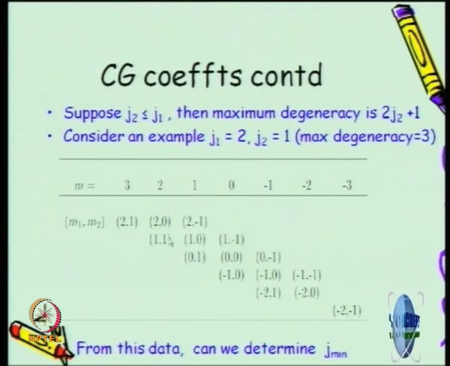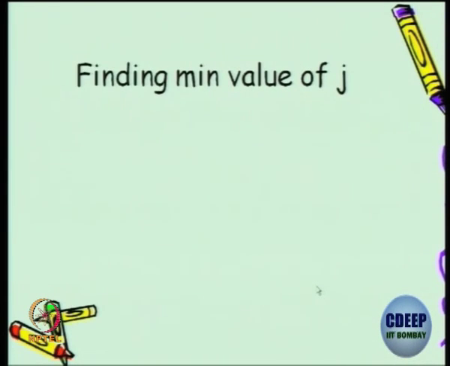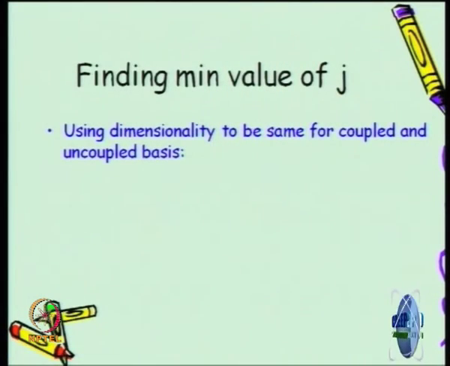From this data, can we determine J minimum? A degeneracy of 3 will indicate that J minimum is the one which is 3-dimensional. So roughly we know J minimum from this elaborate example, but I have also said as an exercise for you last time, what did I tell you? Use dimensionality to be the same for coupled and uncoupled basis.